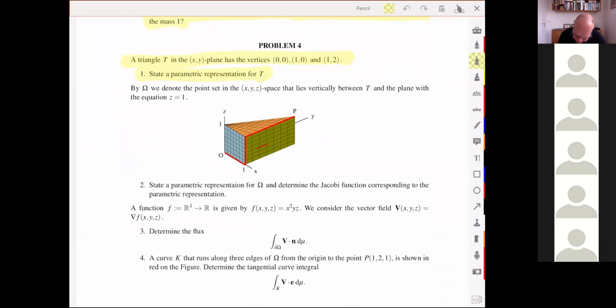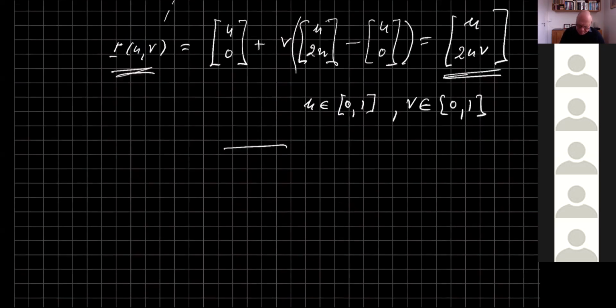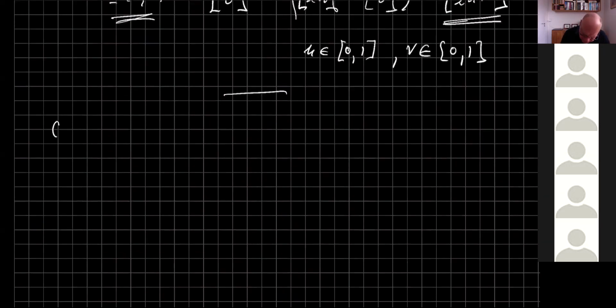And we should state a parametric representation for this solid here, and we should determine the Jacobi function for this parametric representation. Okay, let's try to do this. Question 2.